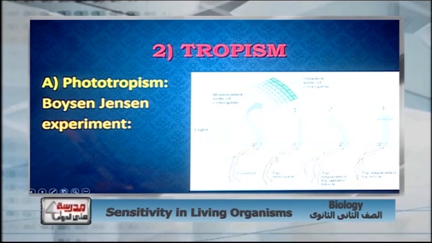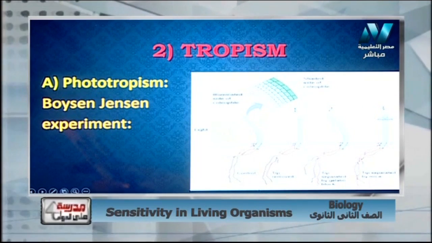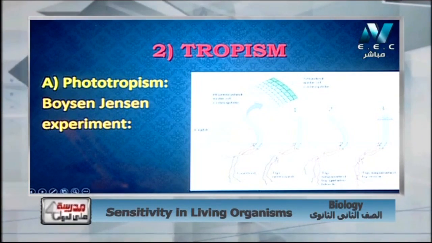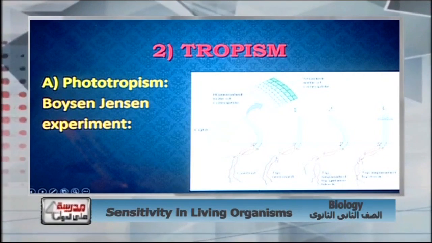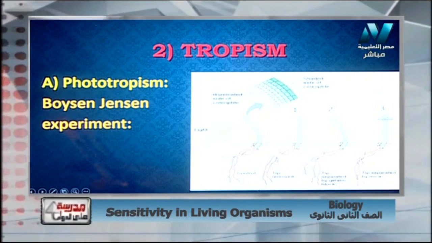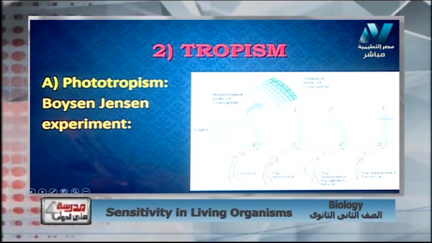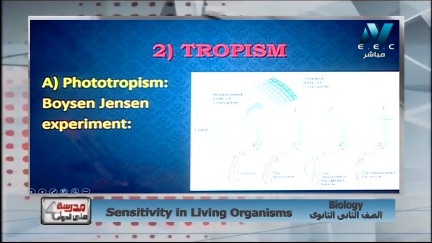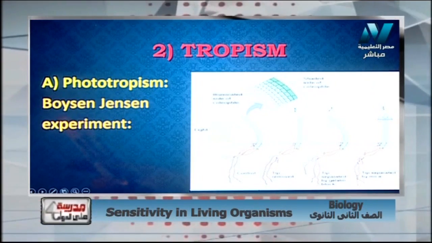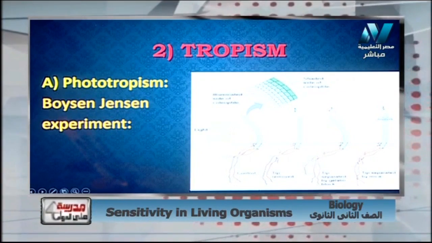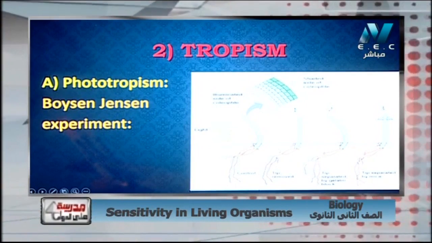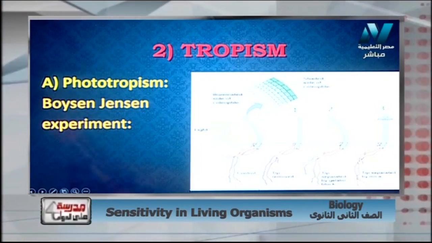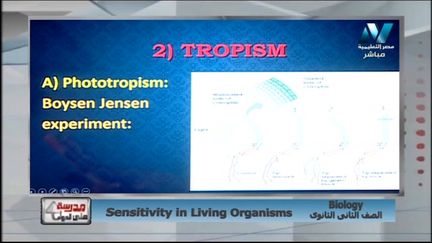And when he replaced the tip using a gelatin disc, in step number 2, the coleoptile bends again towards light. But if the tip is fixed by a mica sheet, which is a metal sheet, the coleoptile didn't bend towards light. That was the experiment done by Boysen-Jensen.